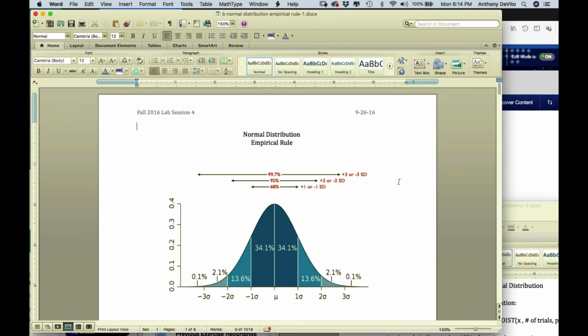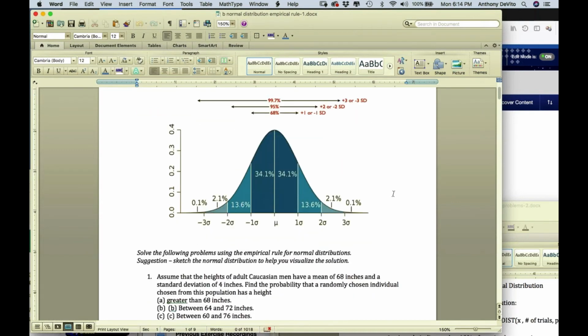Many physical traits, things involving chance, or things involving measurements, biological measurements, and so on and so forth, are distributed approximately normally. What do we mean by normally? It means that they're distributed in a kind of bell-shaped curve. Most of the results are in the middle.